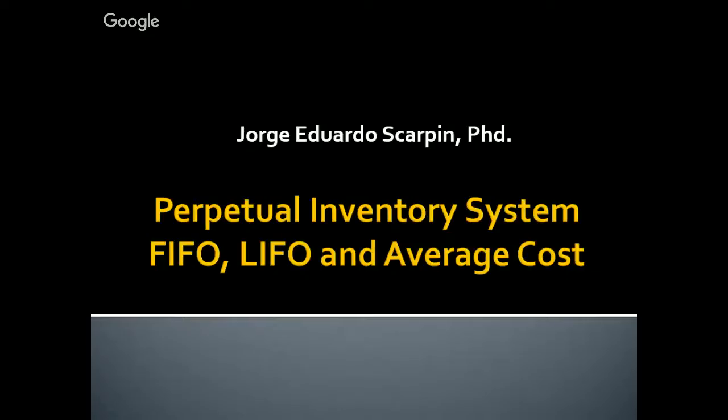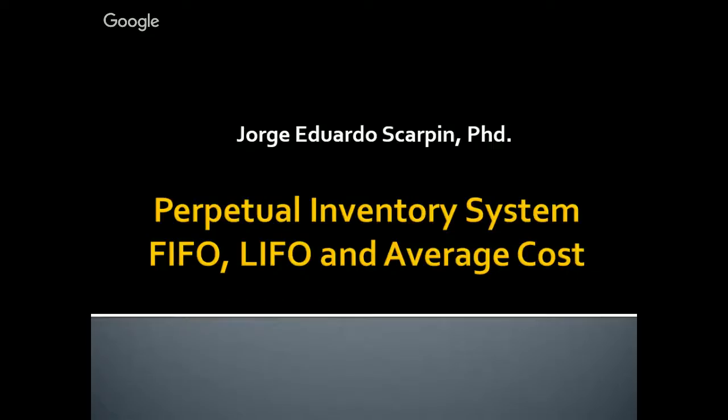And in the perpetual inventory system, we have the cost of goods sold after each sale. So it's the more accurate one. And the periodic inventory system, we will have a video about that soon, probably in the first week of August 2016.